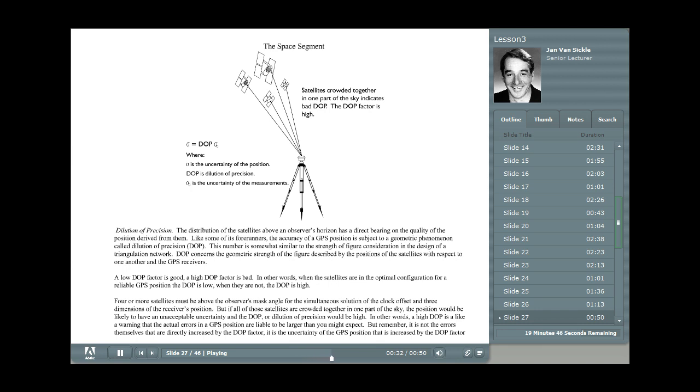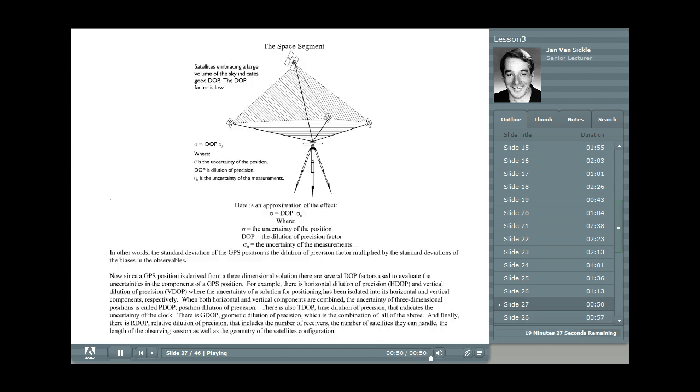As you can see, the geometry of the ranges when this occurs is not good. The intersection is ambiguous, so the dilution of precision value would be high in this circumstance. It's sometimes called PDOP, or position dilution of precision.